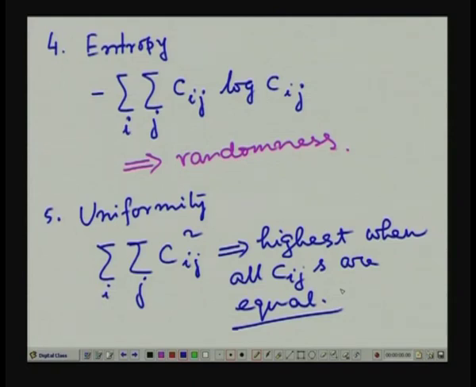So, these are the various texture descriptors that can be obtained from the co-occurrence matrix, as we have said in our algorithm: given a texture image, how we can compute the co-occurrence matrix of the given texture image.